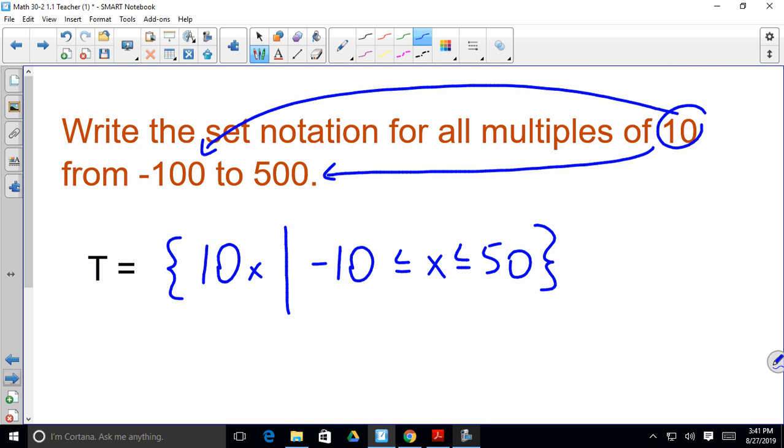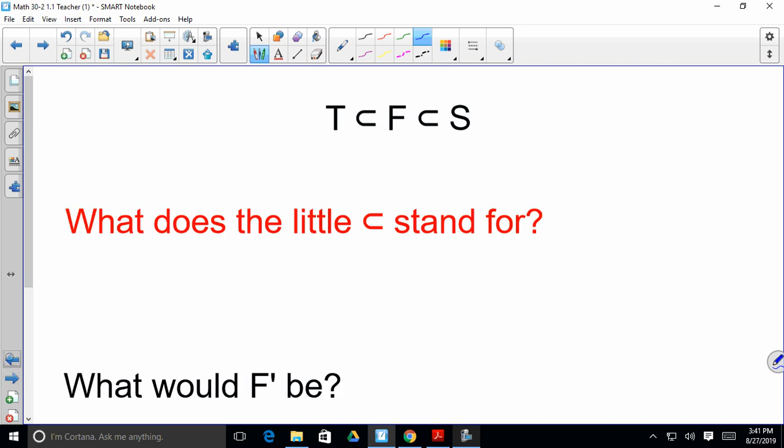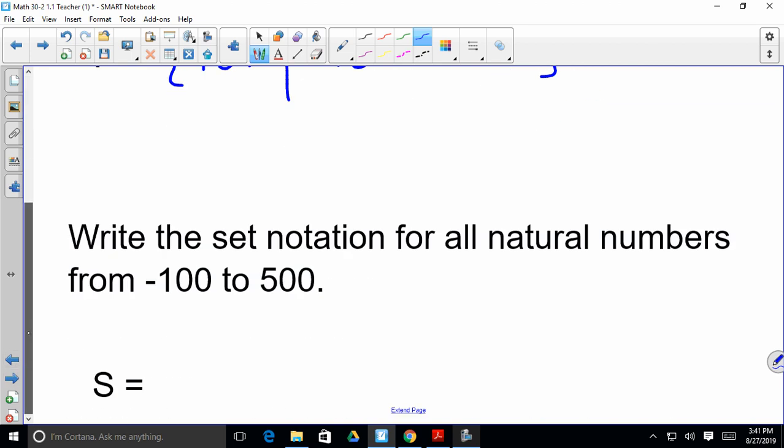Hang on, sorry, I missed this question there. Write the set notation for all natural numbers from minus 100 to 500. So this you work on for a sec. Natural numbers from minus 100 to 500.